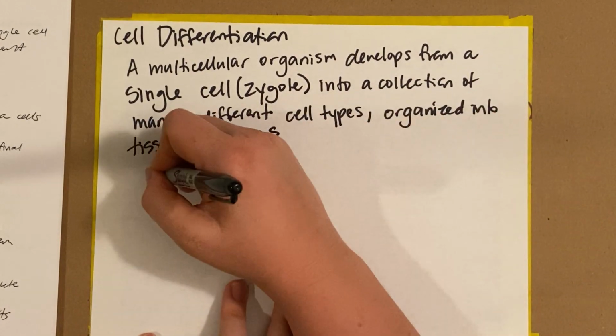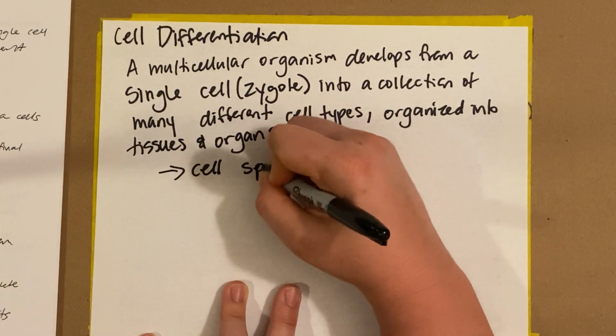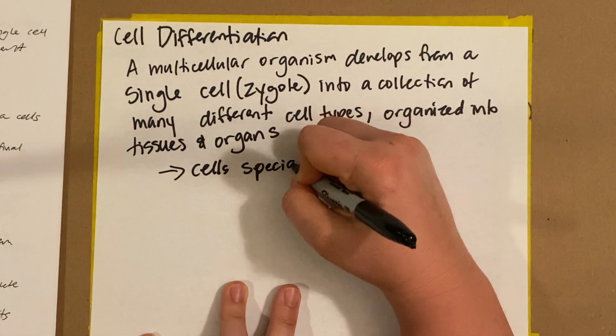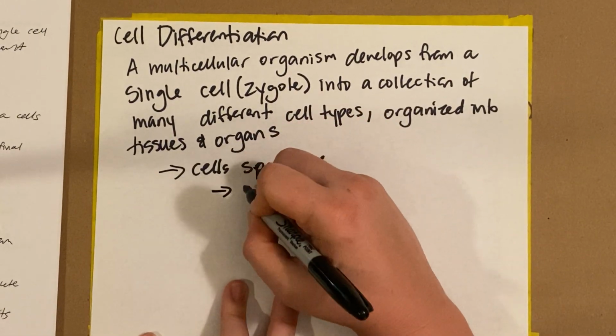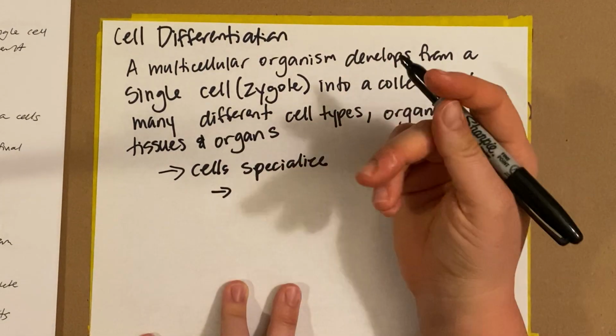Okay, so this is cell specialization. So cells specialize. Okay, and what they're actually doing is that they have different patterns of gene expression.